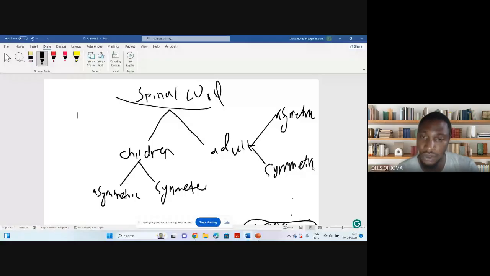Then also under the adults, I'm going to classify them into the ones that affect the dorsal column predominantly, so that means it affects only the dorsal column, and the ones that affect the dorsal column plus other tracts.